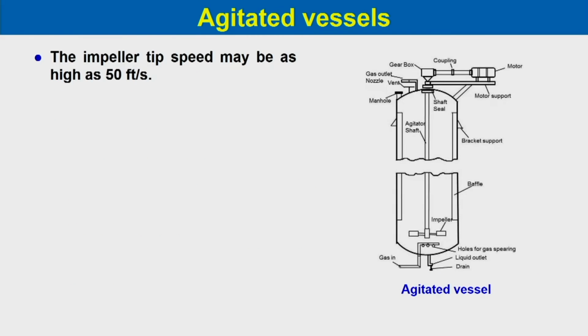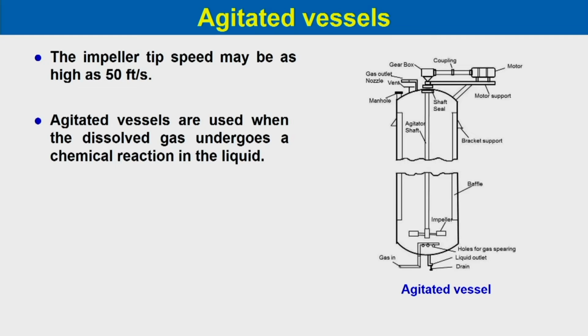The impeller tip speed may be as high as 50 feet per second, depending on your column internal design. Agitated vessels are used when the dissolved gas undergoes chemical reactions in the liquid.